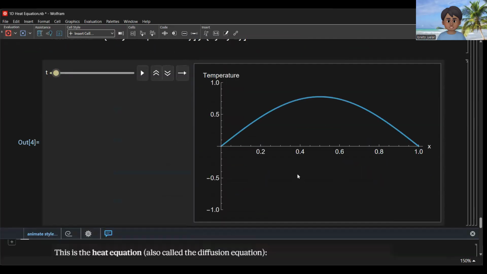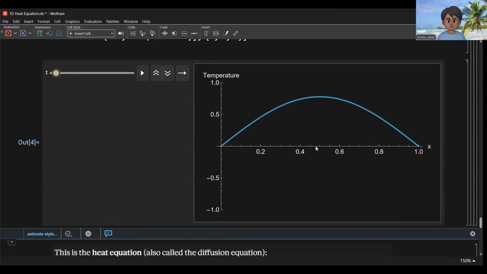So we have here the plot at time equal to 0. At time equal to 1, the temperature here is equal to 1. This is the value of x. If x is equal to 0, the temperature is also equal to 0.